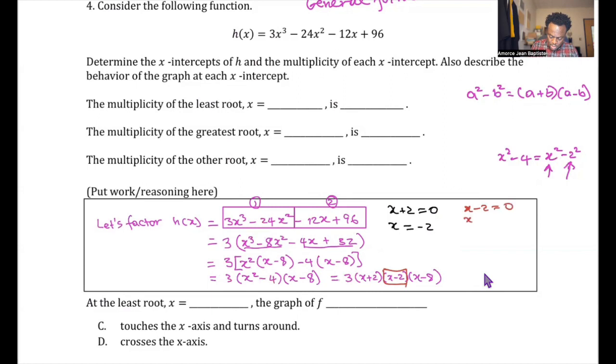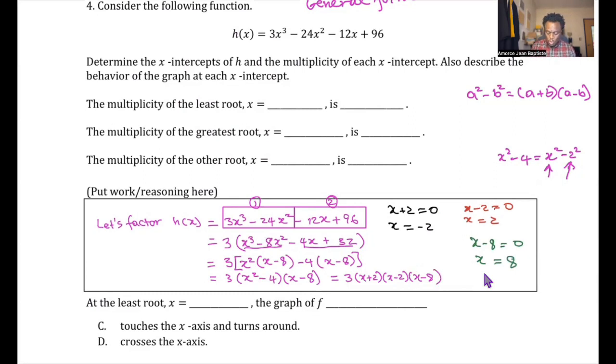So x equals 2. And then the last one, I can do the same thing. That factor equals 0. So x minus 8 equals 0, adding 8 on both sides, x equals 8. We have all the zeros.